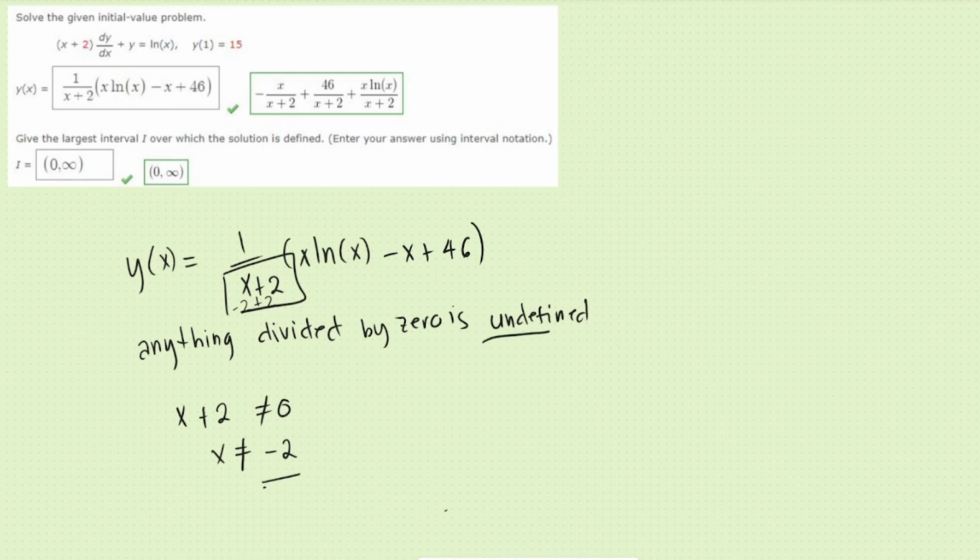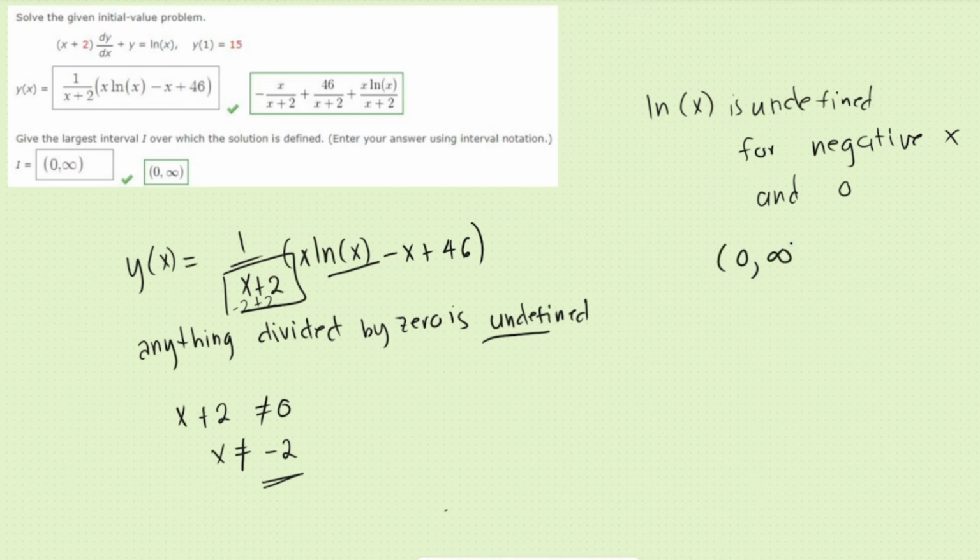So that is one. Another would be this one, ln of x. ln of x is undefined for negative values of x and 0. So basically x should be just greater than 0, all of the positive real numbers. Okay, so now the domain should be 0 to infinity.